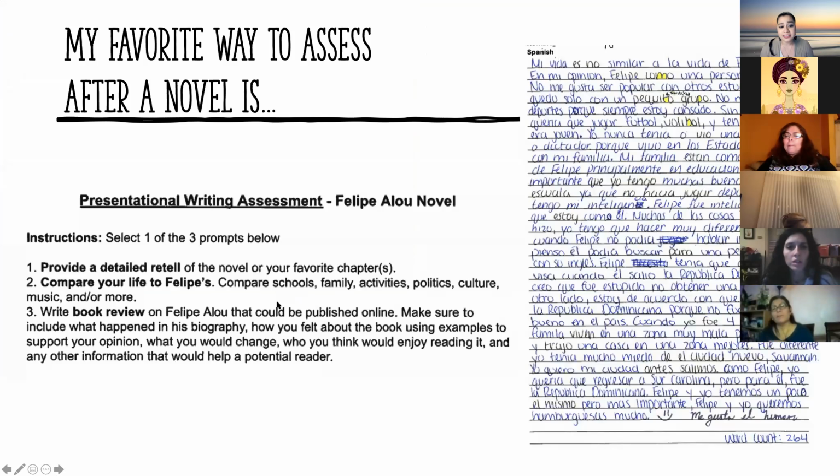Here's my favorite way to assess my students, because like I said, all I have to do is come up with topics for them. This was a presentational writing assessment for the Felipe Alou novel, and I gave them 3 options. You can see what the student was able to write. I did not time it. I just allow them to write during the whole class.